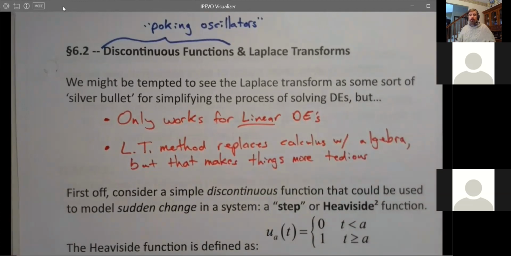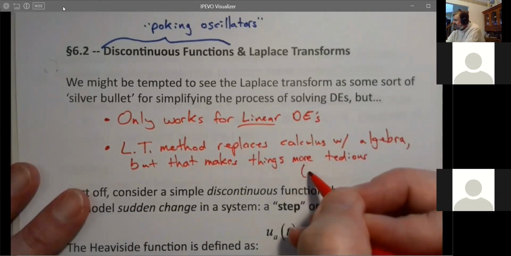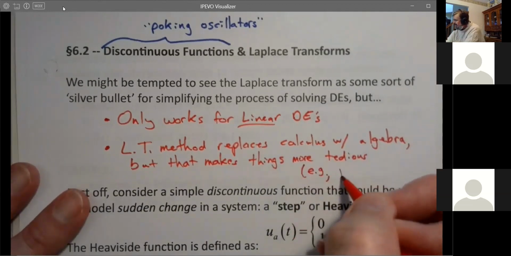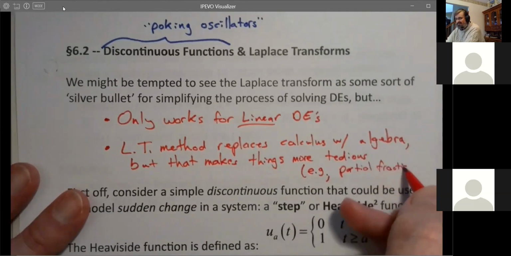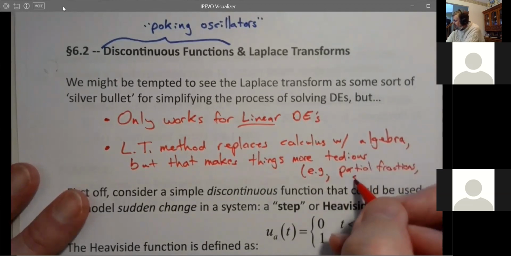And of course, more tedious means more attention to detail is required. As many of you have discovered in your own lives, sometimes we get lazy and we want to not pay attention to detail, and that's problematic. So things like partial fractions, things like completing the square.